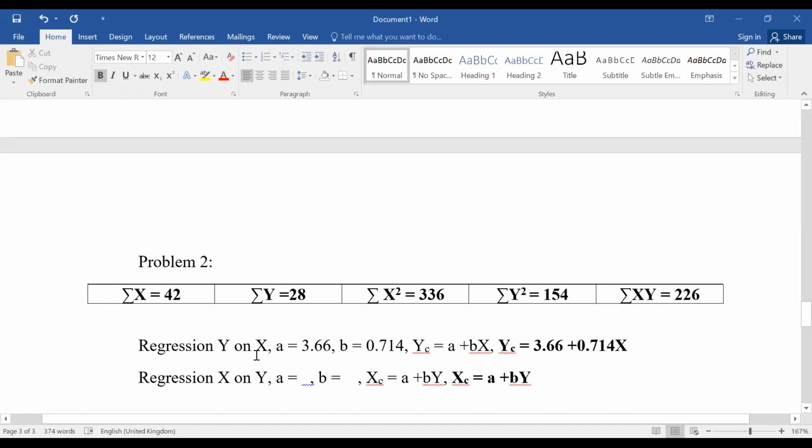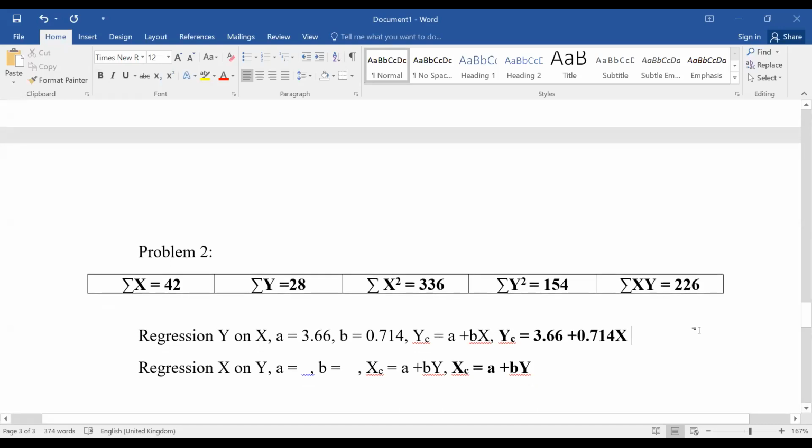Everyone, anyone got it for the X on Y? Others, those who are working and solving the problem, please cross check all your values: summation X, summation Y, summation X square, summation Y square, and summation XY.